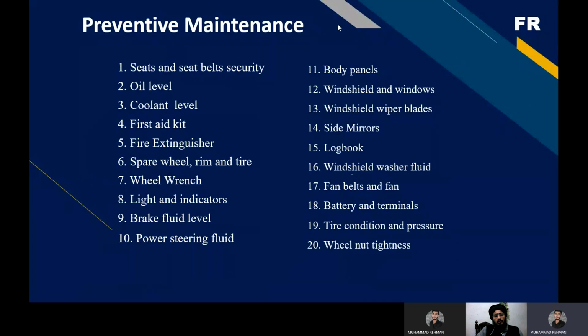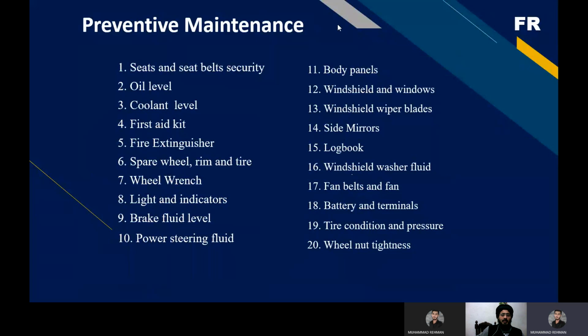Then there is oil level. You have to monitor the oil level before driving. You have to first see that it is up to the recommended level, because if the oil level is below the recommended level, the engine cannot work correctly. Then comes coolant level. Coolant level is very necessary, because you have to cool the engine. And then is the first aid kit.